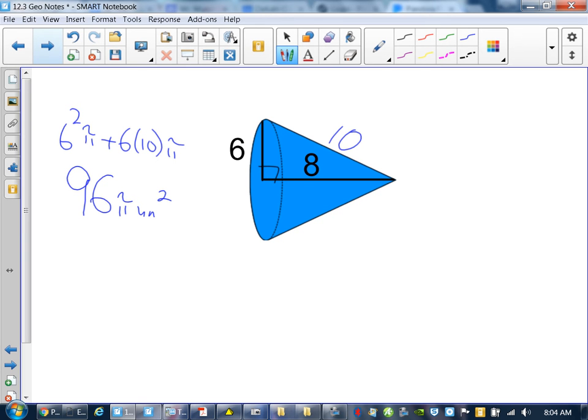And just like we've done before, when you have stuff in terms of pi, just leave it in the answer. If you type in 6 squared pi plus 6 times 10 pi, your calculator gives you the answer in terms of pi. It's very crazy how that works.